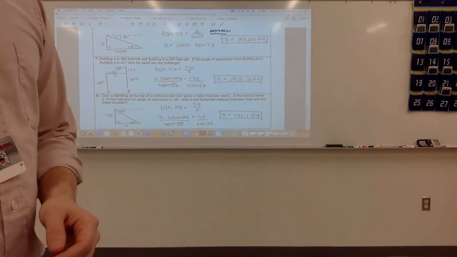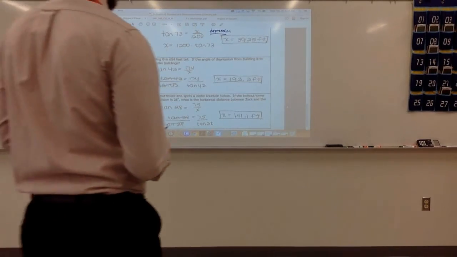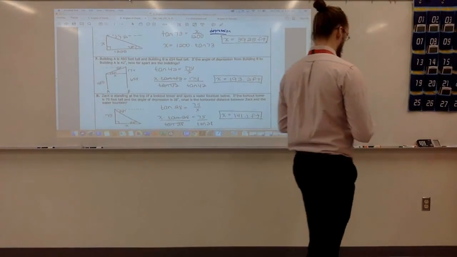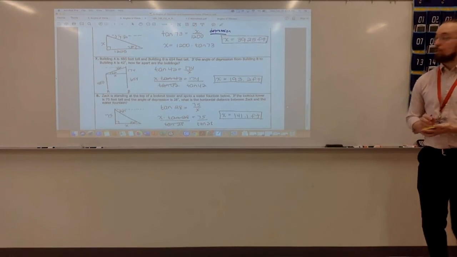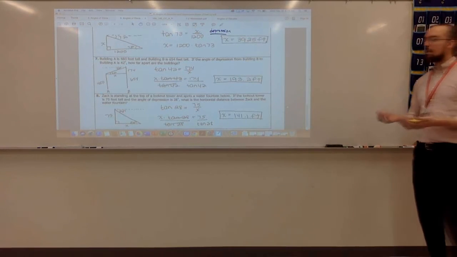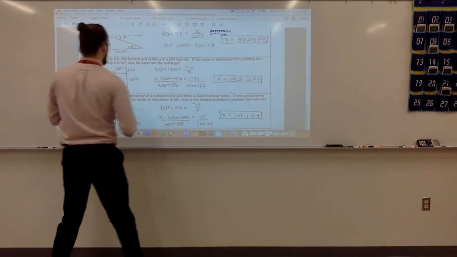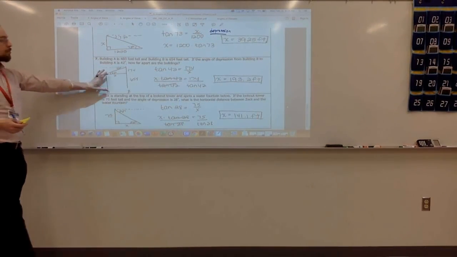All right. Take a look up here. Here are the answers for 6, 7, and 8. What questions do we have? I think the only tricky one was number 7, where we were looking at 2 buildings.